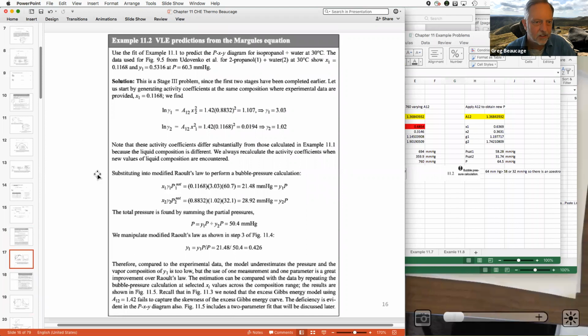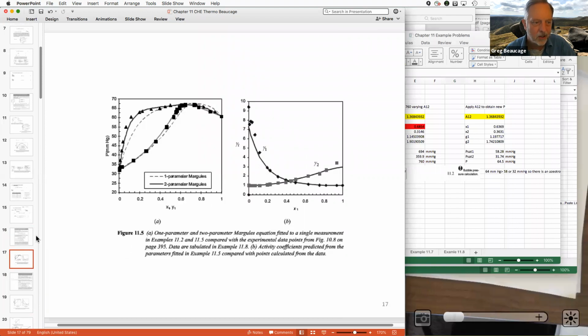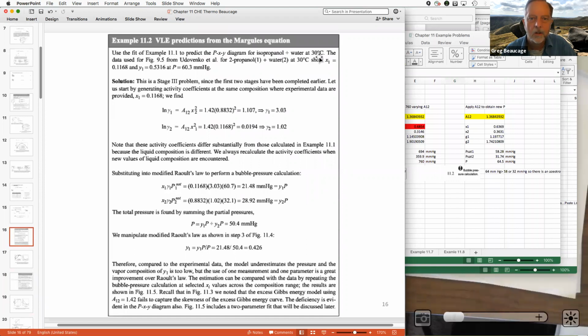I think it's this PXY diagram for propanol water at 30 degrees C. The data used for figure 9.5 show X1 and Y1 at P is 60 point whatever. So we already have A12, the 1.42 that came from 11.1.